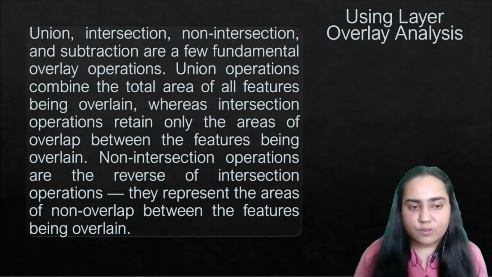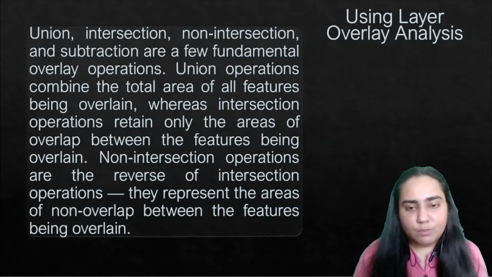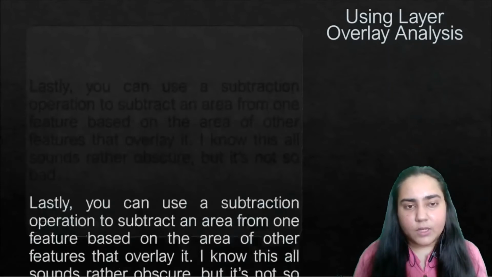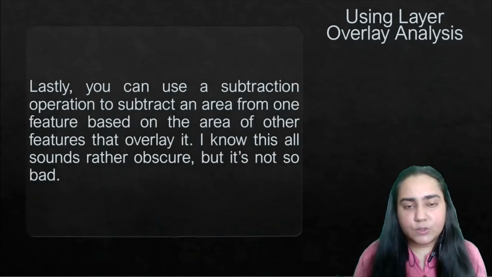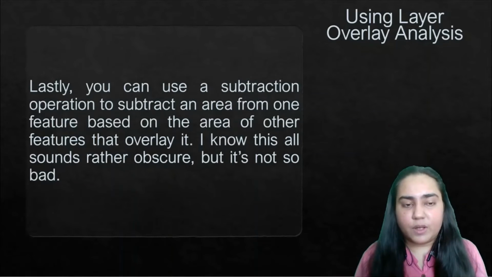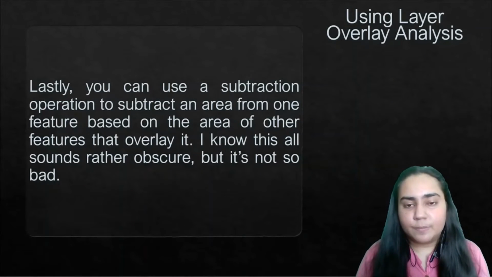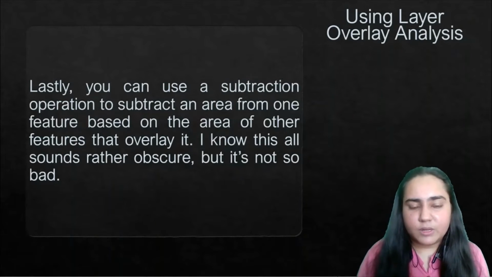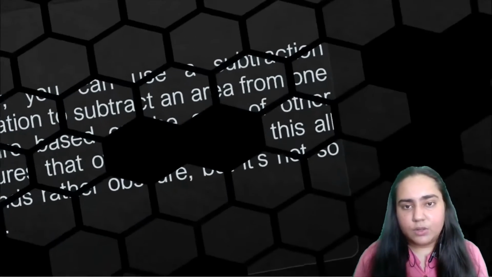Non-intersection is the reverse of intersection. So it represents areas of non-overlap between the features being overlain. And lastly, subtraction is used to subtract an area from one feature based on the area of other features that overlay it.